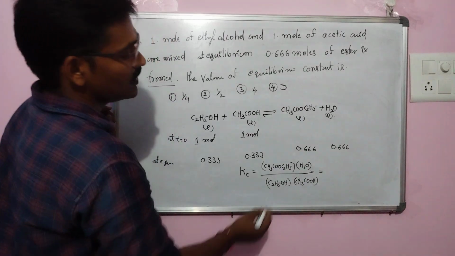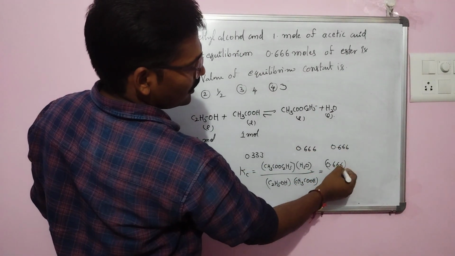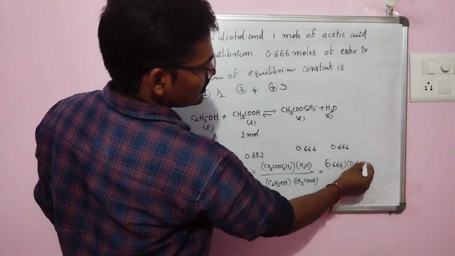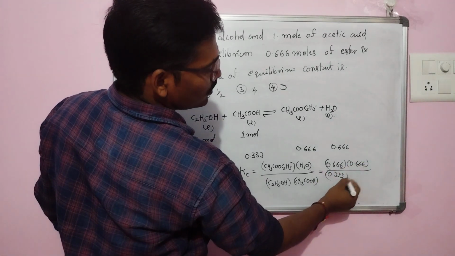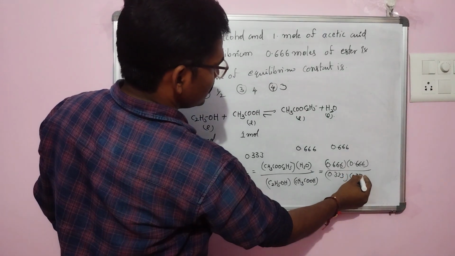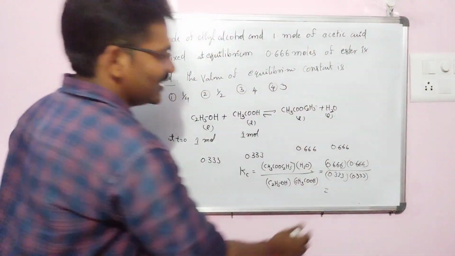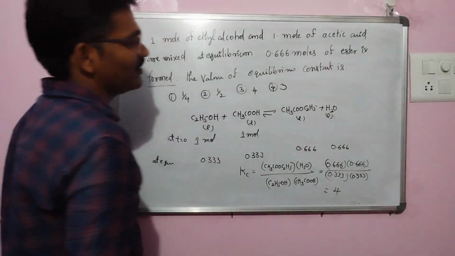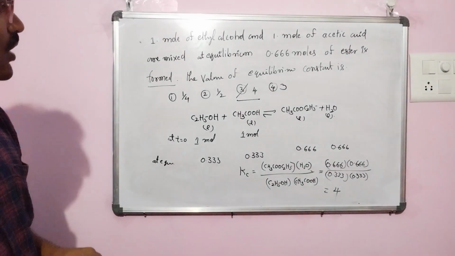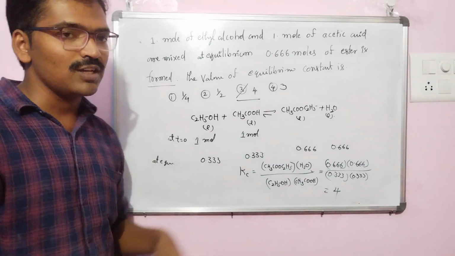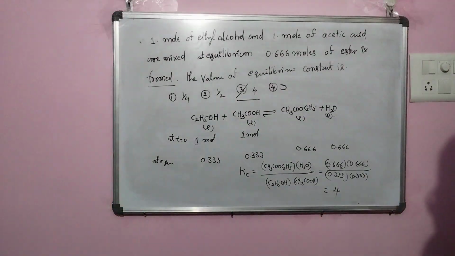Taking the concentrations, it is 0.666 into 0.666 divided by 0.333 into 0.333, and then you get the final answer, that is 4. 4 is the answer. Understand? You have to do it like this for such types of problems. Yes, note it. Then we will discuss next.